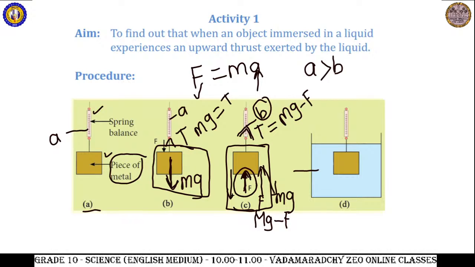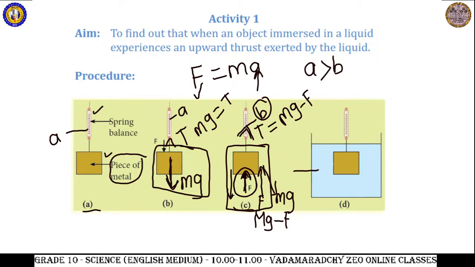So the Newton balance reading will reduce if we apply an upward force on the object that is hanging on the Newton balance. Okay, we are going to use this principle in the next instance. Thereafter, we are going to immerse this piece of metal in the water. This is the water bath.